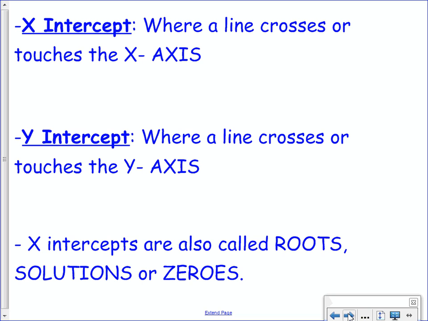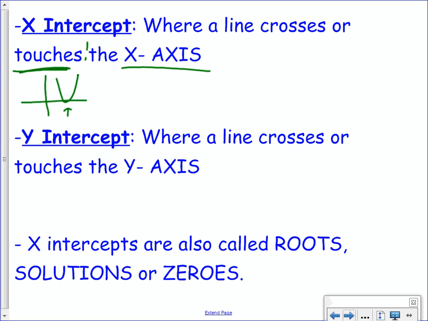The x and y intercepts, we talked about this before. The x-intercept is where it crosses the x-axis, or touches. It could just touch it and then bounce back up.